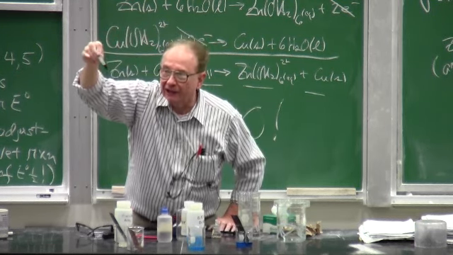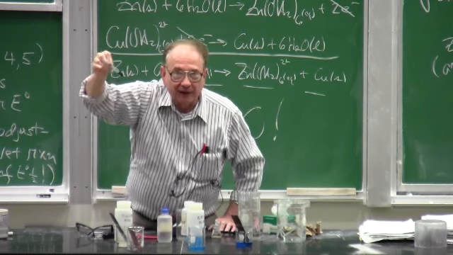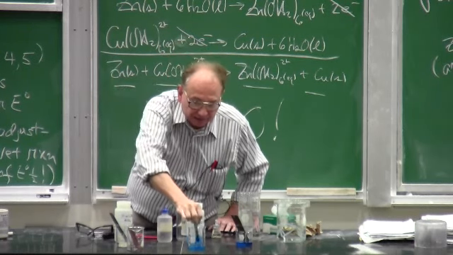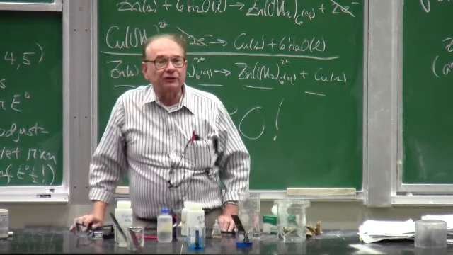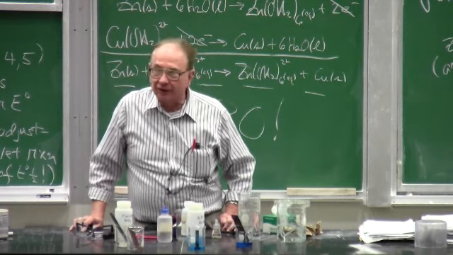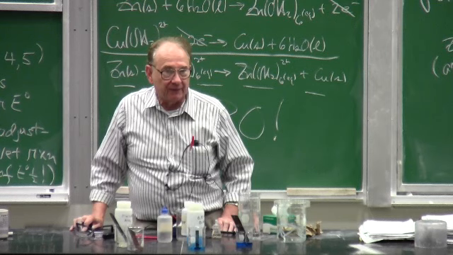Now this deposit hardly looks like copper. But if I allow this to stand in the presence of copper ion for a while, you'll see the development of the bronzish color that we are familiar with regarding copper.